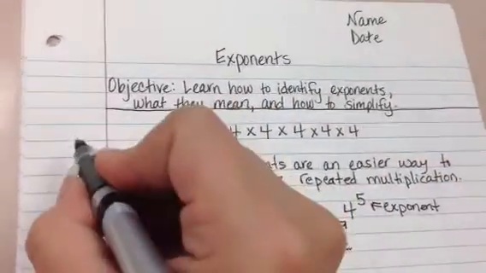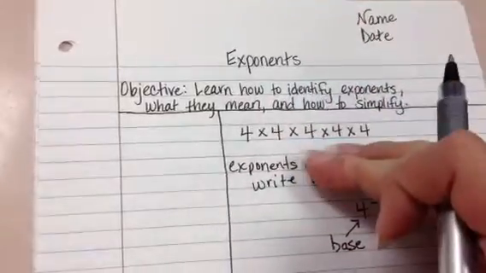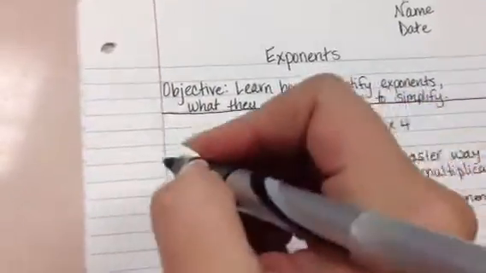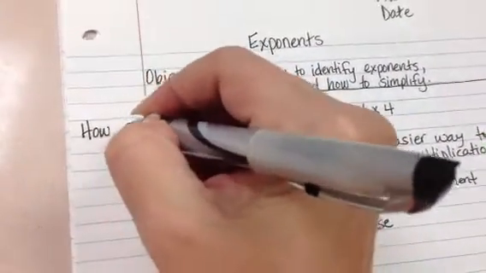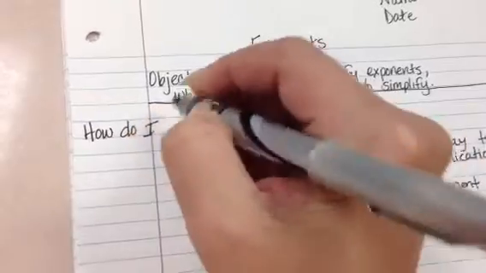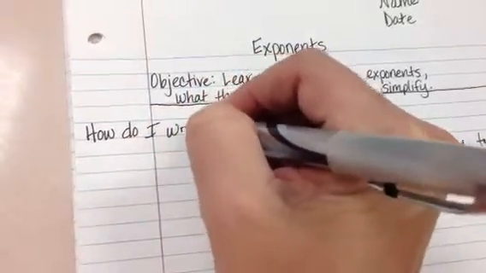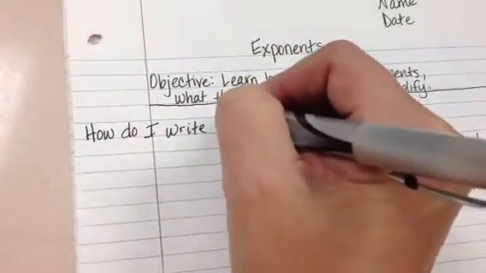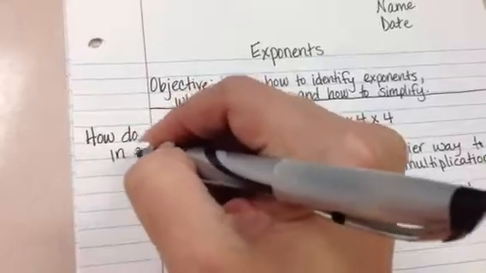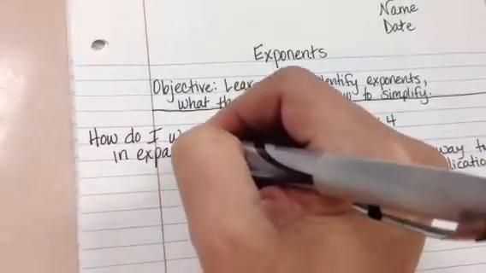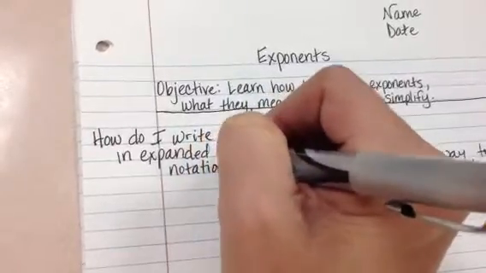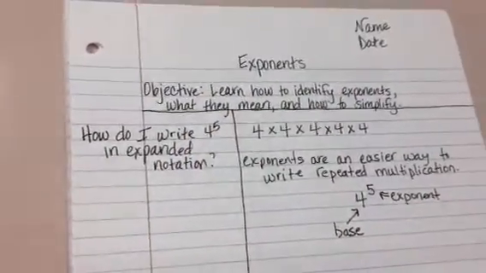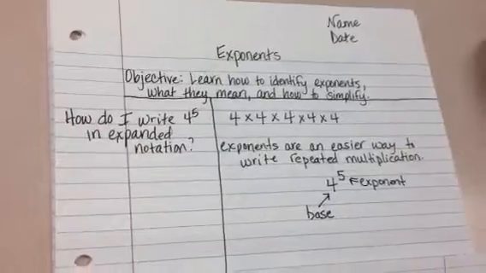expanded notation. So with Cornell Notes, remember, you take all your notes and then you write yourself a question. So a question for this would be, how do I write 4 to the 5th power in expanded notation?